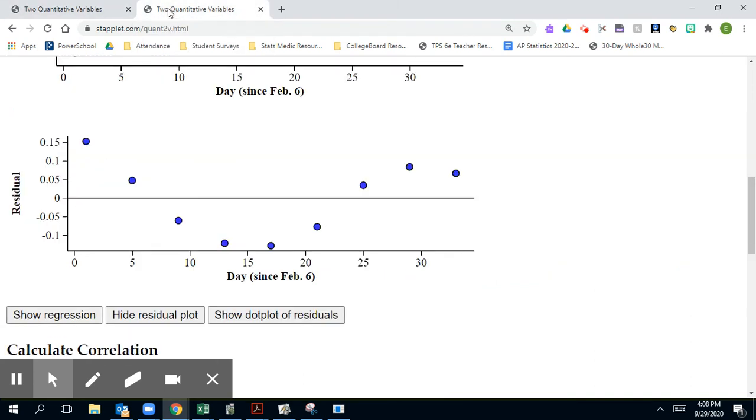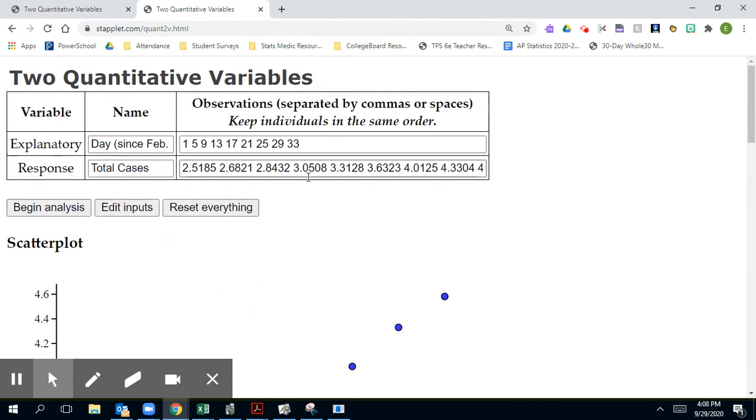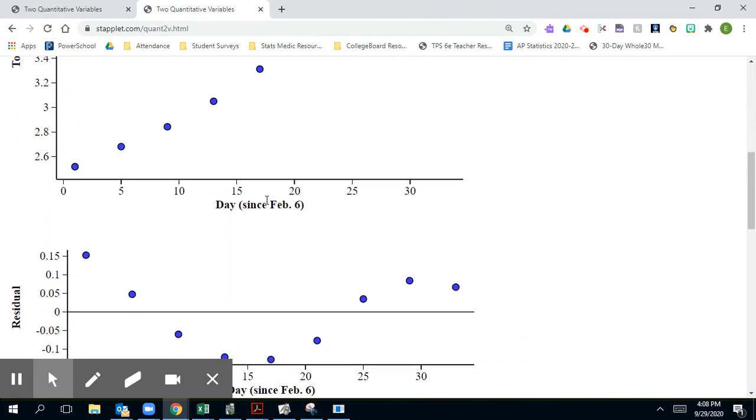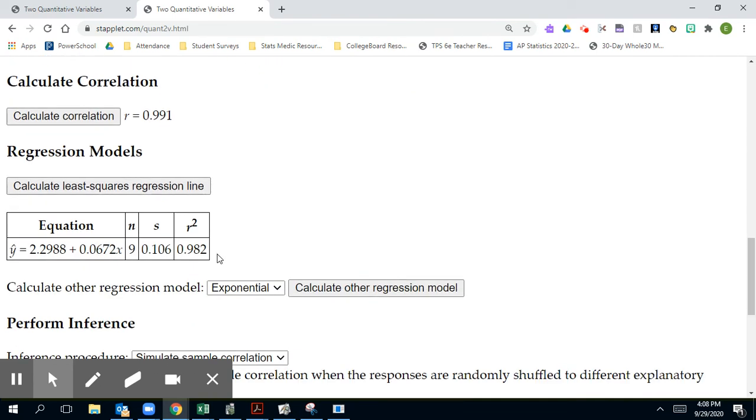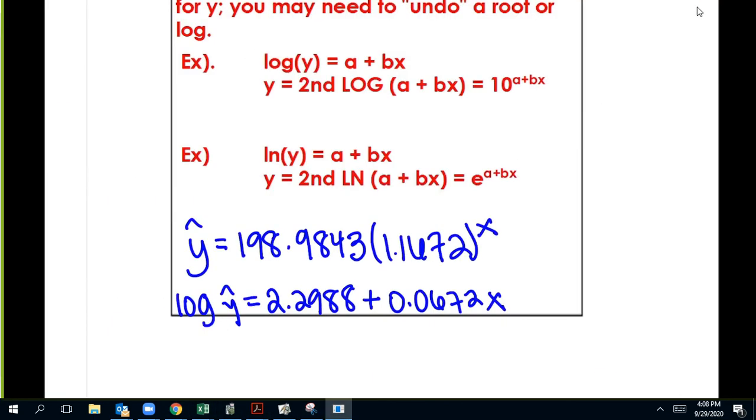So then what I want to show you is after we've taken the log of all the y values and done this graph, when we do a least squares regression line, that became log of y hat equals 2.2988 plus 0.0672x. And what I want to show you on my calculator is how these are related.